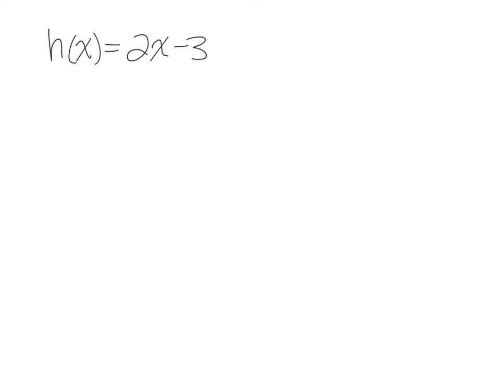Now part C, h of x equals 2x minus 3. Again, per suggestion, the first function I would like to check is h of negative x. And so again, simply substitute negative x into the function, simplify it down, get negative 2x minus 3.